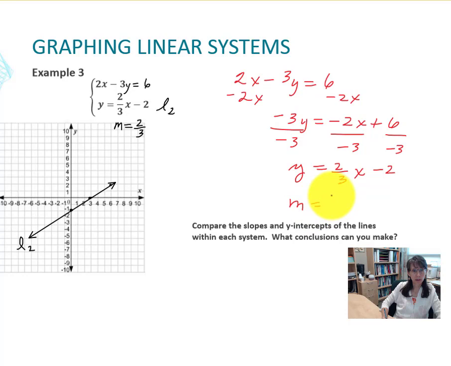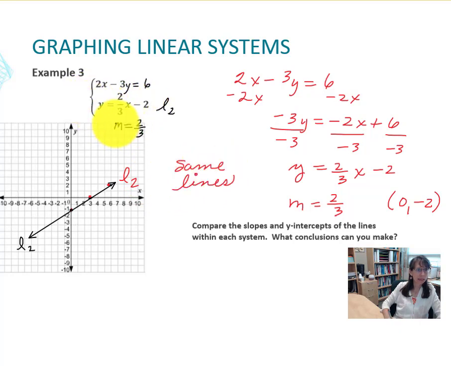So this slope is positive 2/3. The y-intercept is 0, negative 2. Well, that's exactly the same as line 2. So the y-intercept is already plotted. If I rise 2, run 3, see how I landed right on the line? So line 1 and line 2 are the same lines.